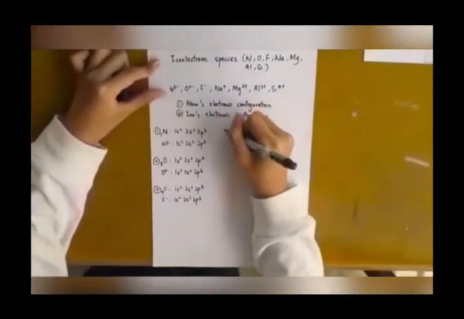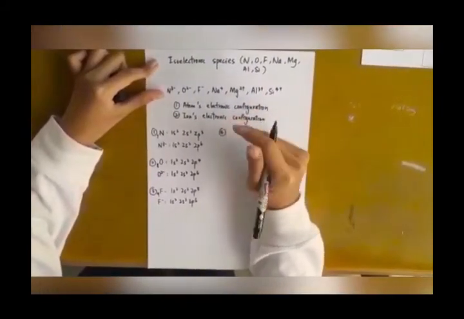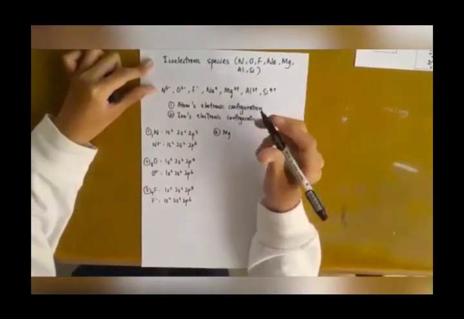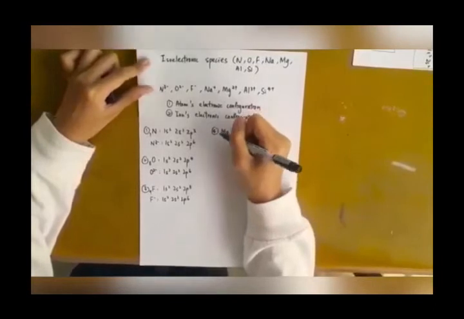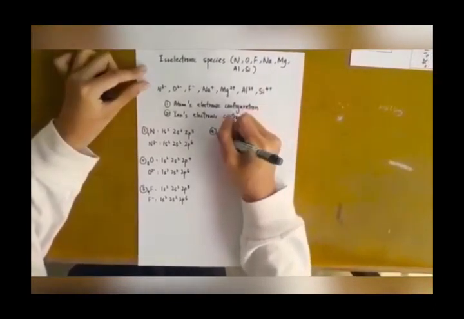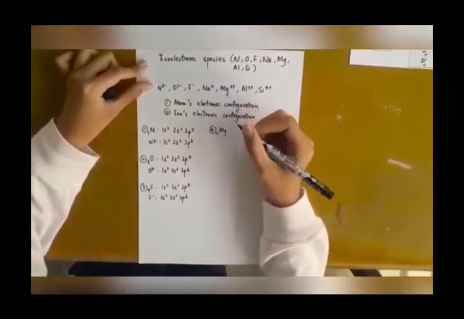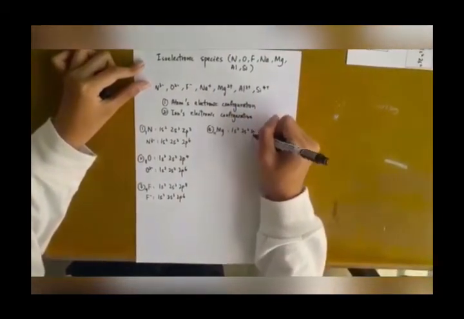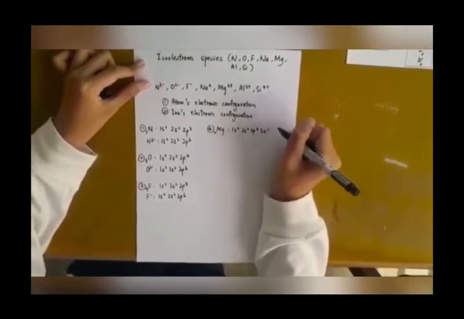Number 4, magnesium. So magnesium has proton number of 12. The electronic configuration of magnesium is 1s2, 2s2, 2p6, 3s2.